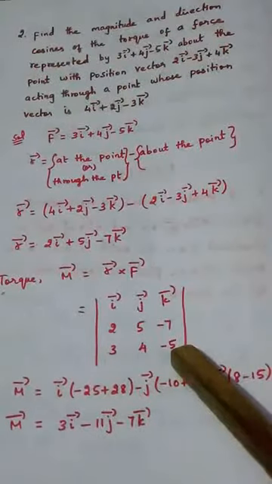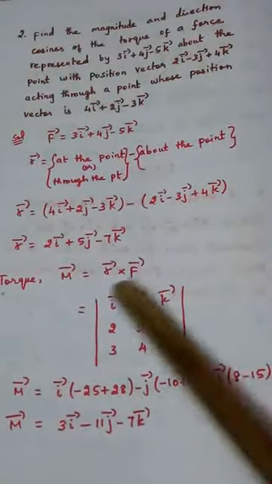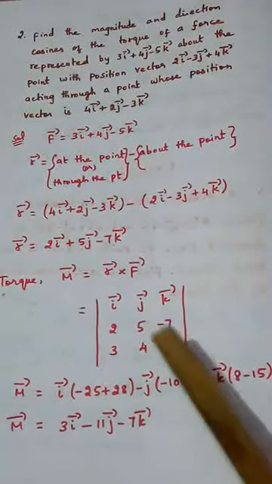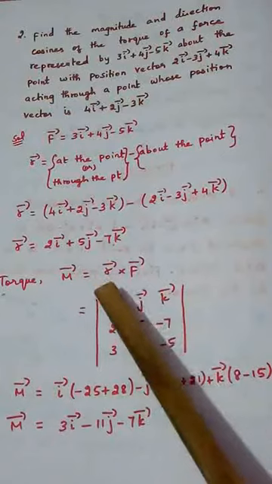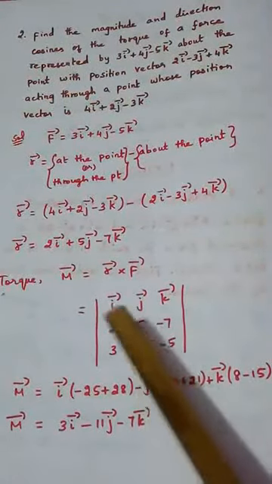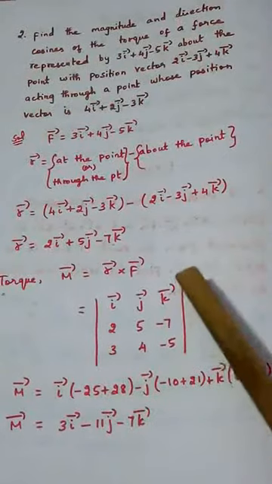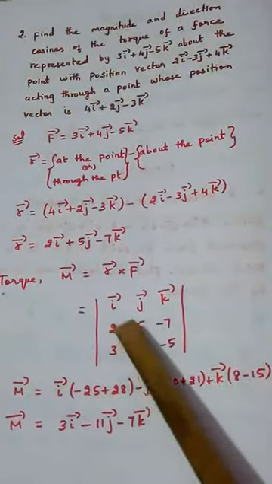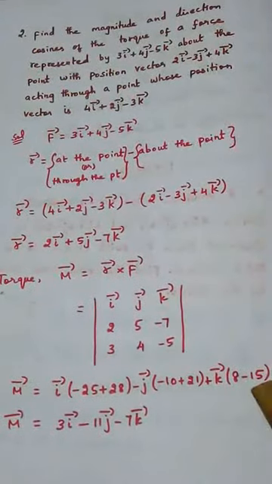Then expand the determinant. You know very well how to expand it. So i into, just cross multiply like this. This is plus, minus, plus, you know very well. So minus j vector, cross multiply this and this, plus k vector into, leaving this column and this row, cross multiply these two.